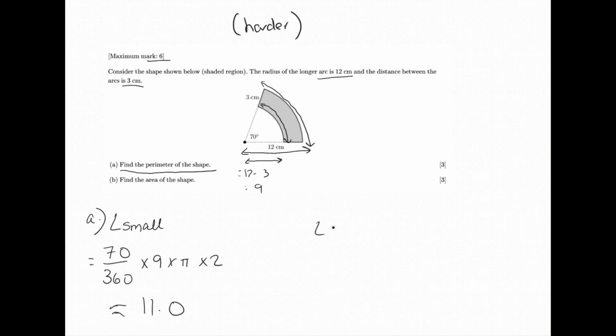When you want to find the length of the large arc, it'd be the same angle, 70 over 360 times 2 times pi times 12, as that's the total length, which will give you 14.7, again approximately to 3 significant figures.